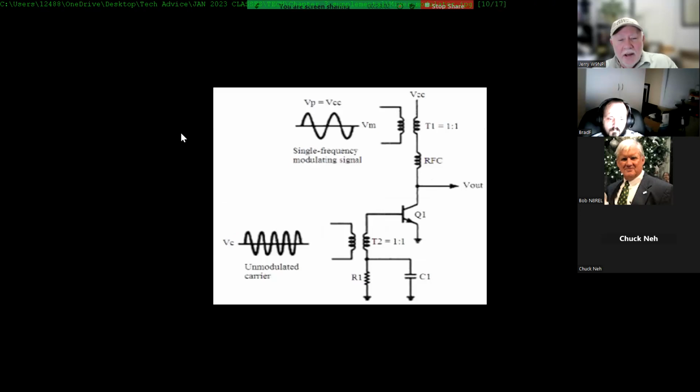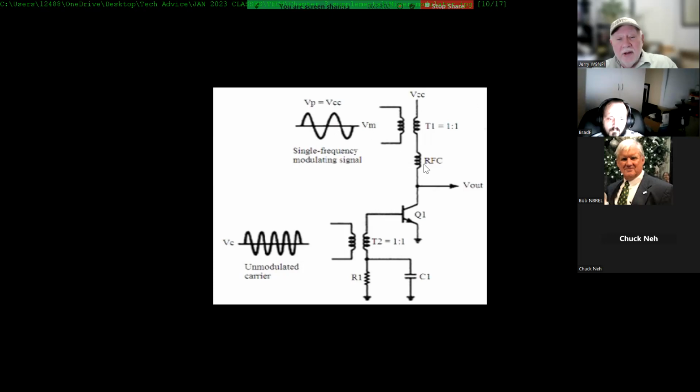Okay. Oh, here's another thing, frequency mixing, call it. All right. We have a transmitter that is putting out an unmodulated carrier at a certain frequency.